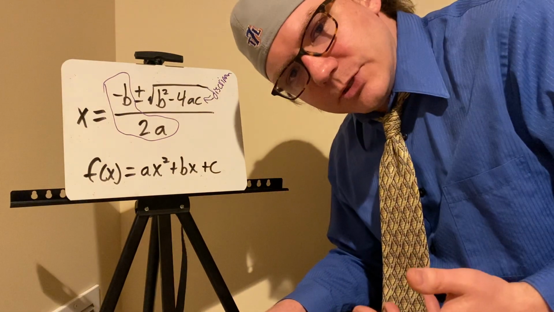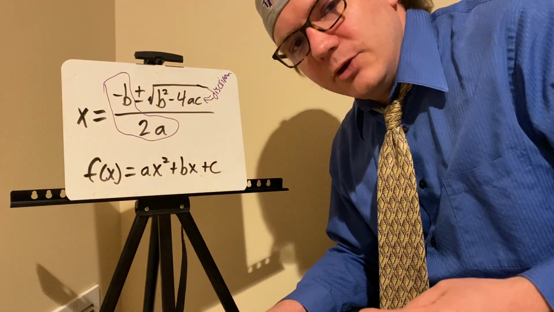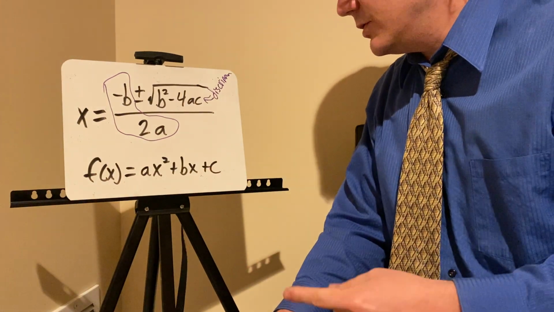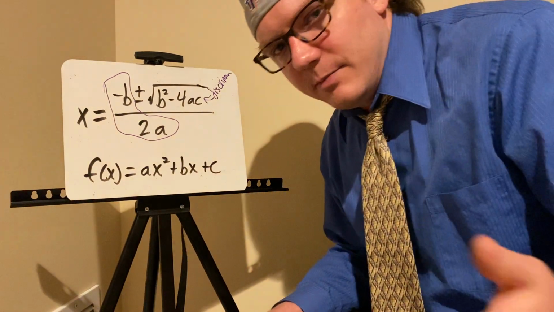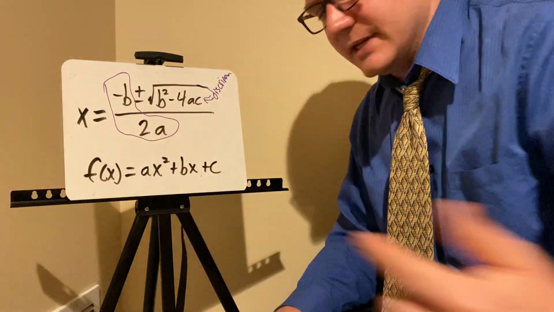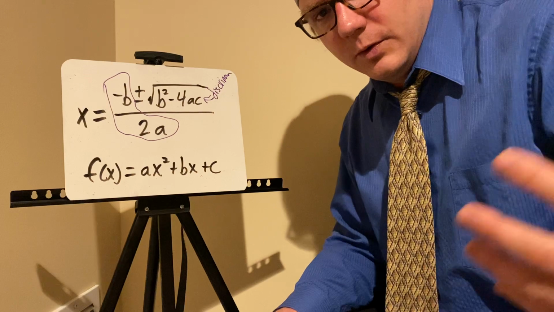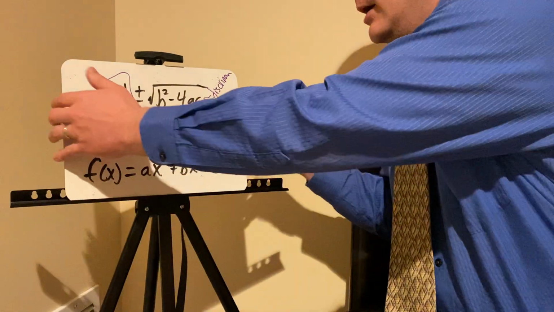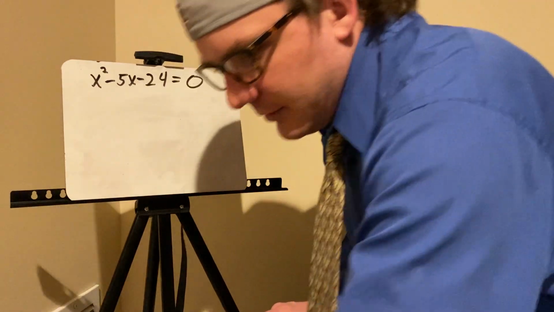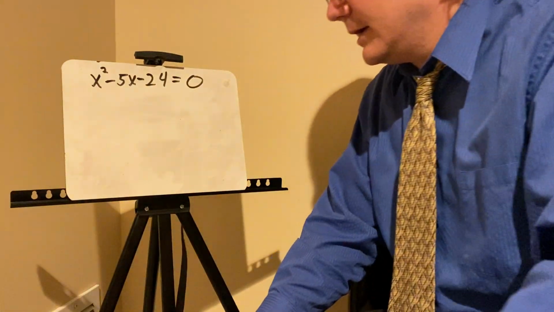Sometimes those solutions are exactly the same, so you really just have one solution. Sometimes you'll have two different solutions, and sometimes you won't be able to find a solution because the discriminant is negative, and therefore you have no real solutions. You will get into imaginary numbers eventually in math, but we're not going to get there today.